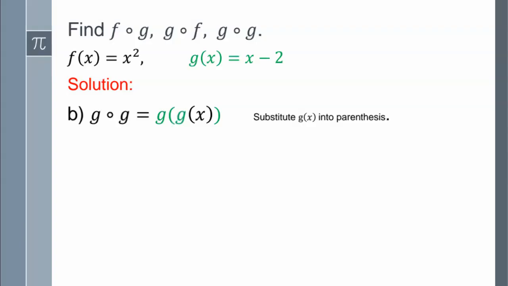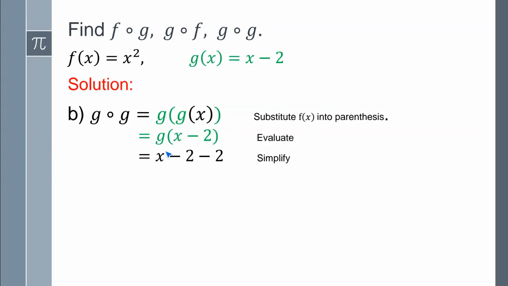And the last one, g composed of g: we're going to replace g of x with x minus 2. If I plug this in for x, we end up with x minus 2 minus 2. Minus 2 minus 2 is negative 4. So my final answer for the composition of g with g is x minus 4.